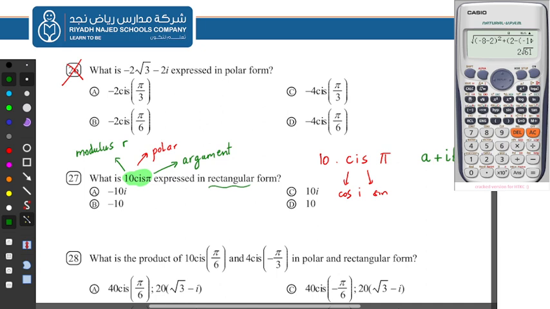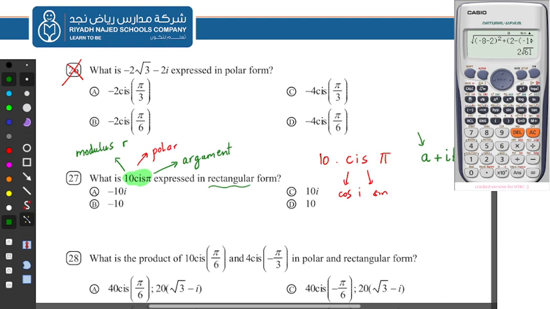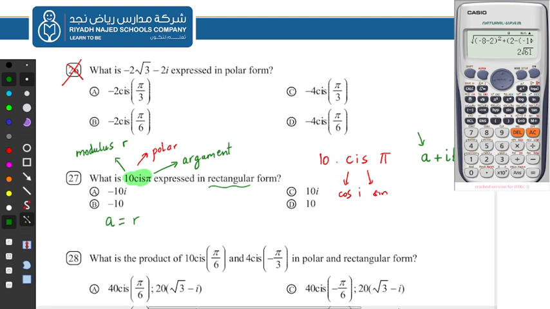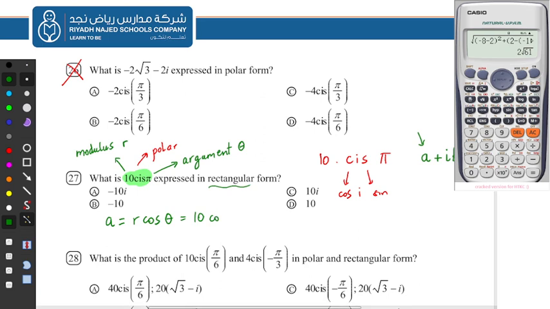So you are looking for A and B, and A and B are given with this formula. A is R cosine of the angle, which is pi here. So it is 10 cosine of pi.